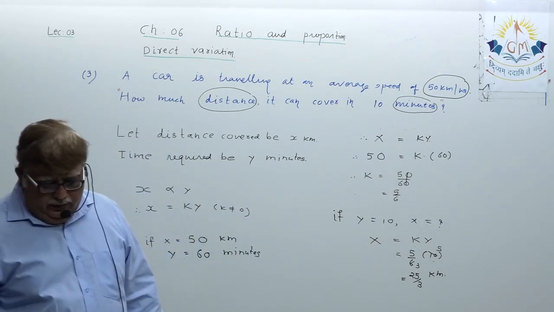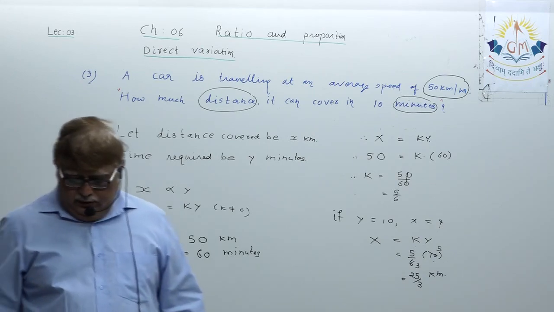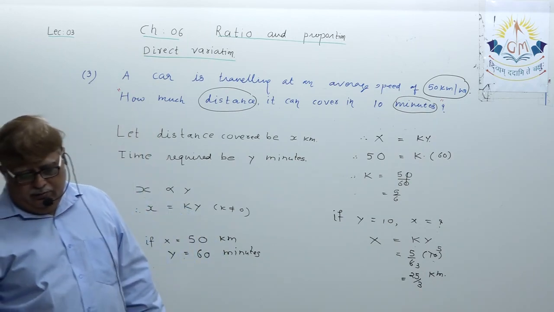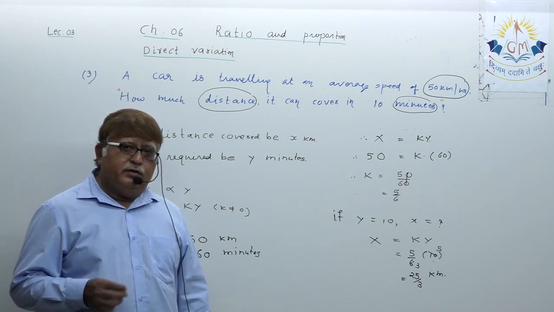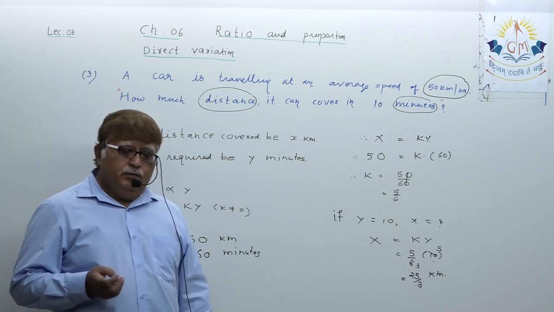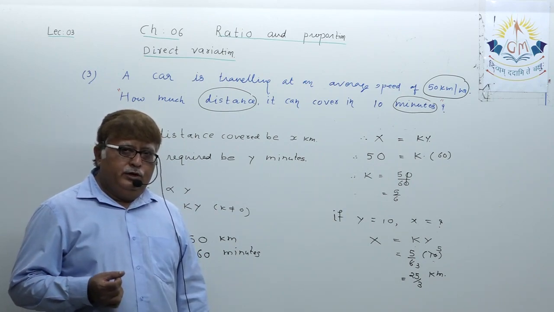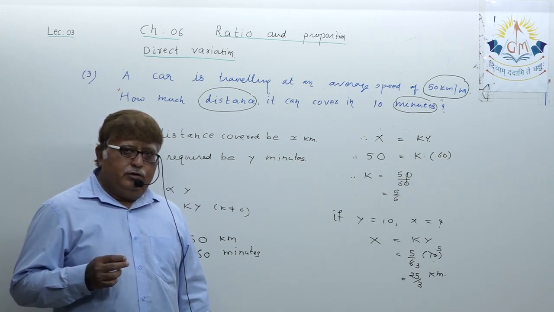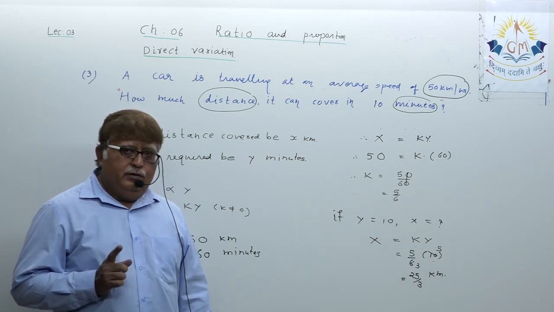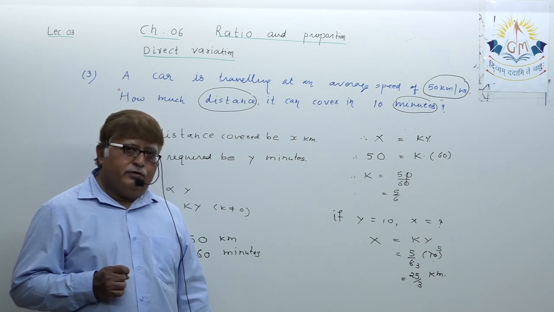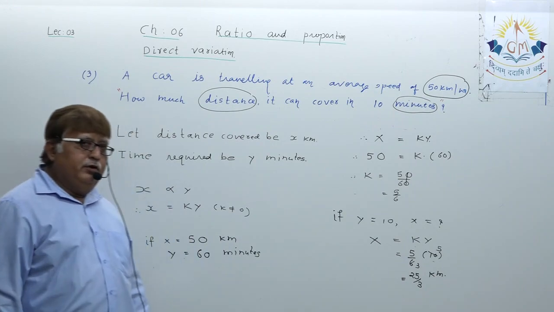One more example I want to discuss, but I am just neglecting it for the time being. Why? Because my target is that when you do your homework, you need to understand the twist given in that example, and you have to try to solve that twist by yourself without my help. That is what we want.